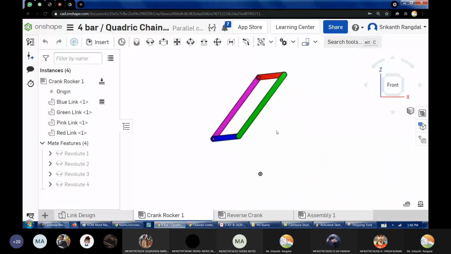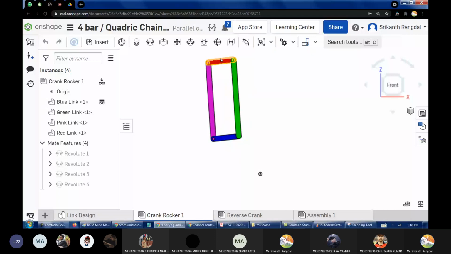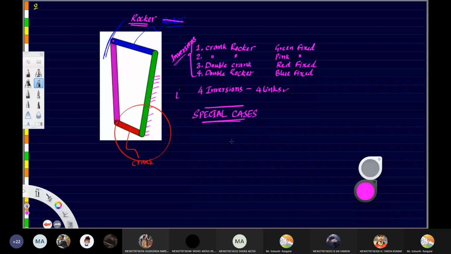So this mechanism that you are seeing here is a special case wherein opposite links are equal.